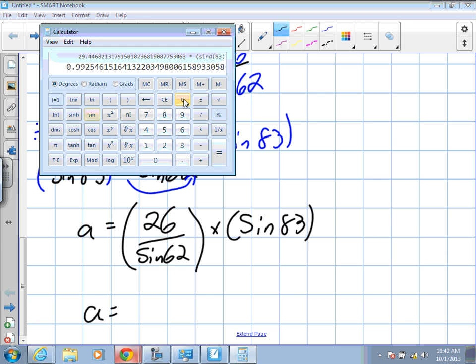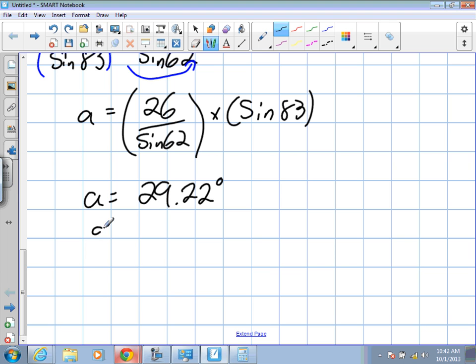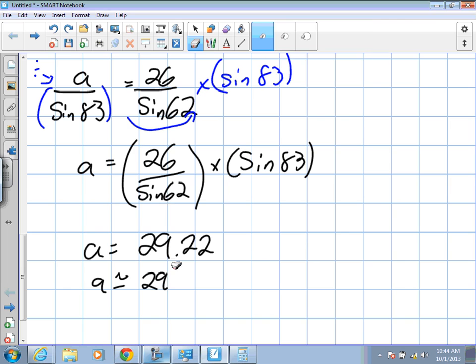So this should all equal, is that right? 29.22? Is that what you got? Great. 29.22, which is essentially approximately 29. I'm going to double check that it's right. So sorry, that's actually a sine.